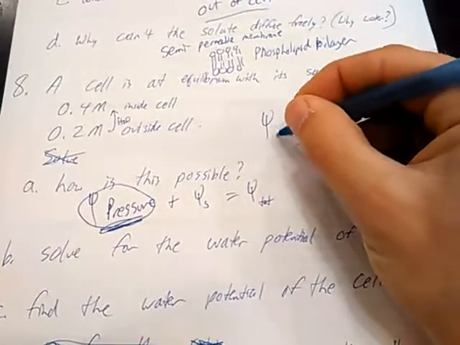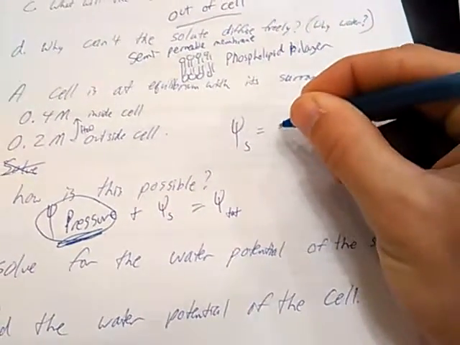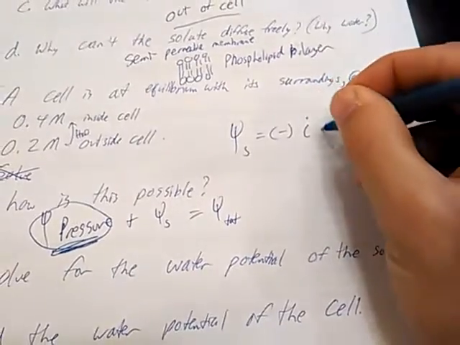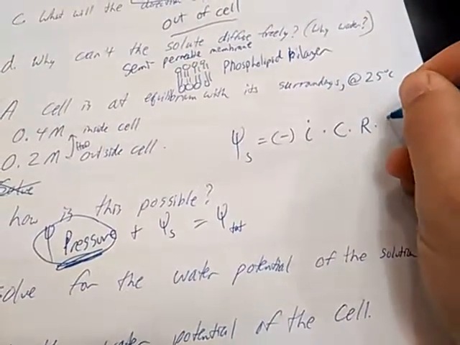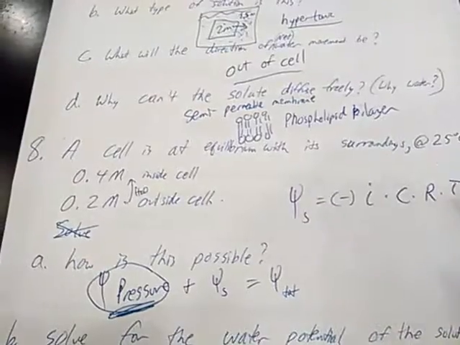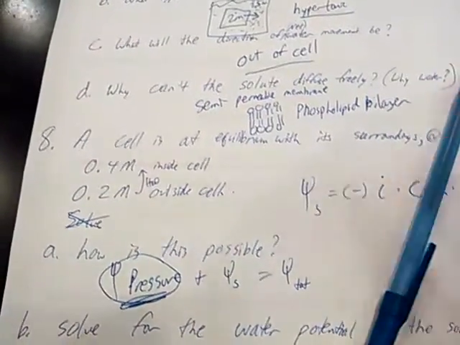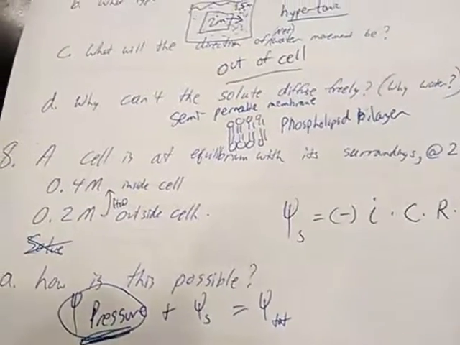So water potential equals negative, got to remember the negative, i times C times R times T. All right, and it's solution. So we're talking about outside the cell. And, oh, idiot, you didn't even tell what type of thing it was.